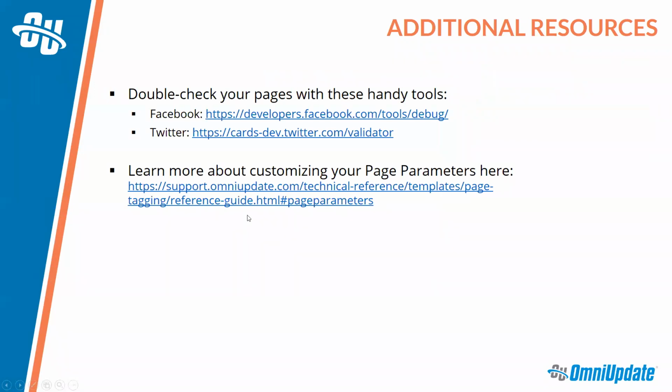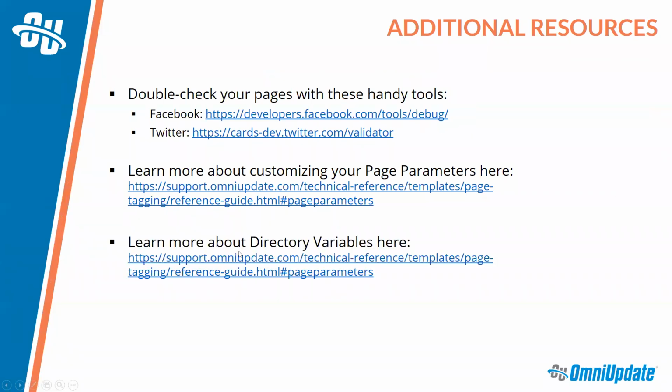And then here's our link to our support site for how to find more information about page parameters, if you want to add those to your page. And then here is the link to information about, oops, I will have to update this on the version that you get, copy paste fail. But that's going to link to the directory variables so that you get a little more familiarity with the directory variables.